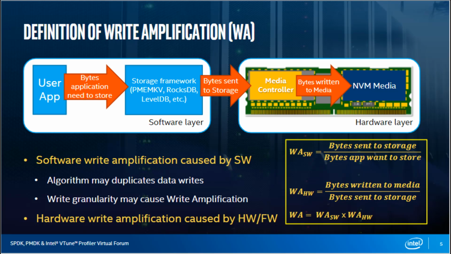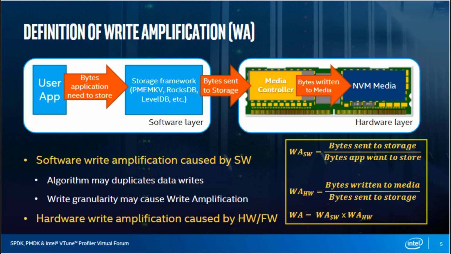In the right bottom corner, I provided formulas to simplify the calculation of write amplification. Software write amplification can be defined as the ratio between the amount of bytes we send to the storage and the amount of bytes the application wants to store.